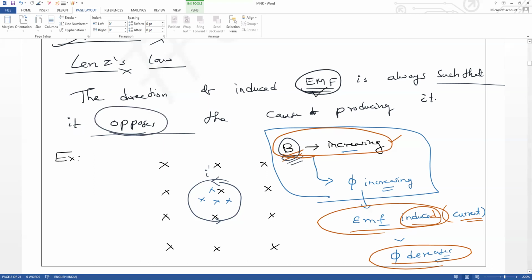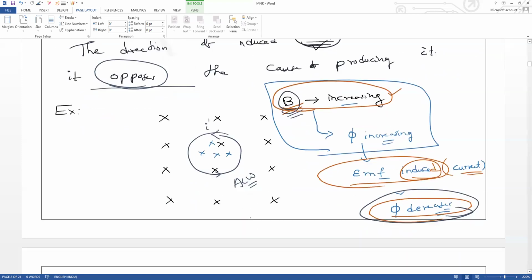Suppose if phi increases, then it is clockwise. If phi is decreasing because of induced EMF, it is acting opposite to B. So clockwise or anti-clockwise? Anti-clockwise.